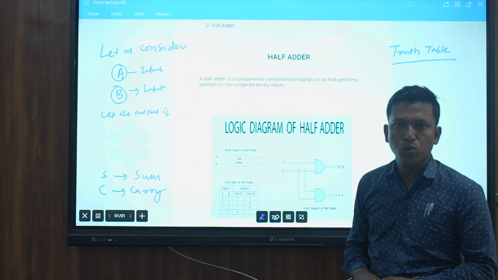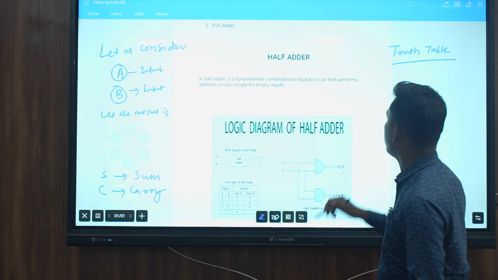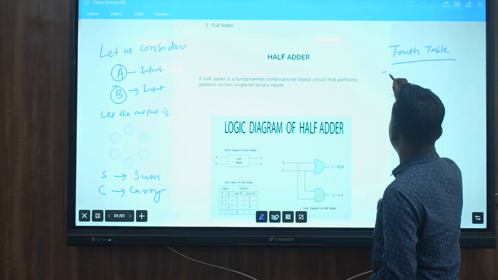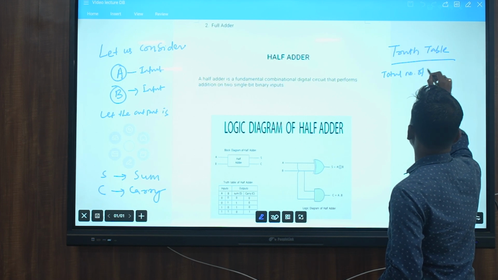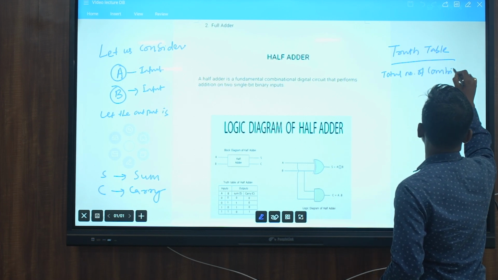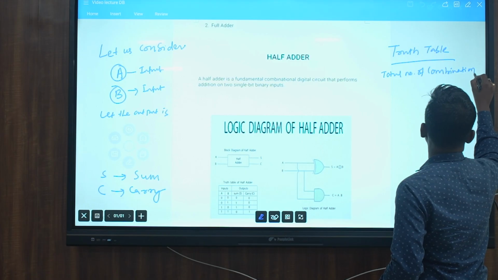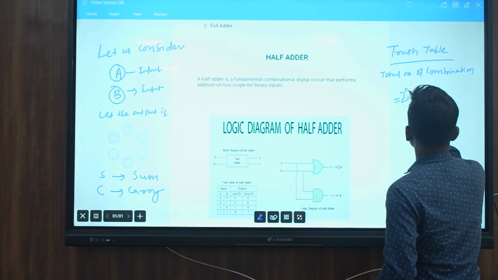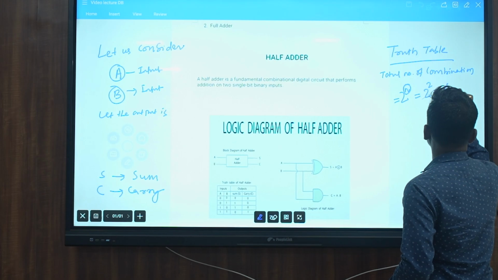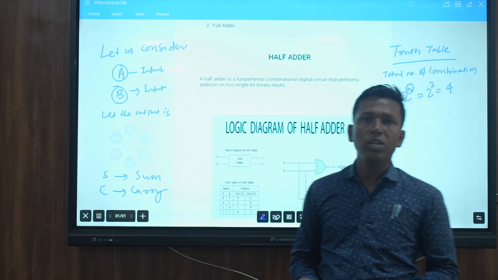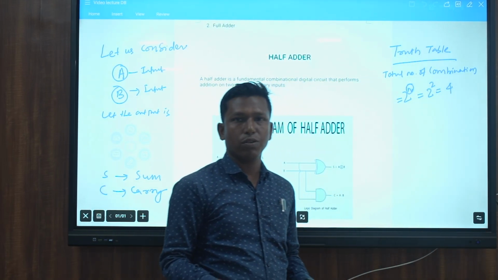If inputs are 2, then the total number of combinations equals 2 to the power n, where n is the number of inputs. So 2 to the power 2 is 4. So the total number of combinations in half adder is 4.